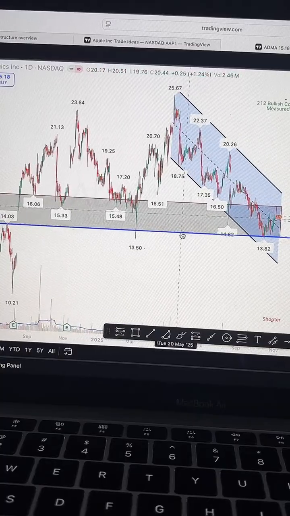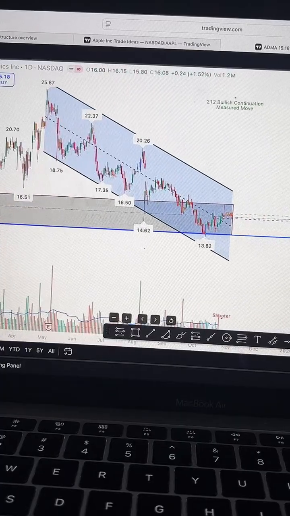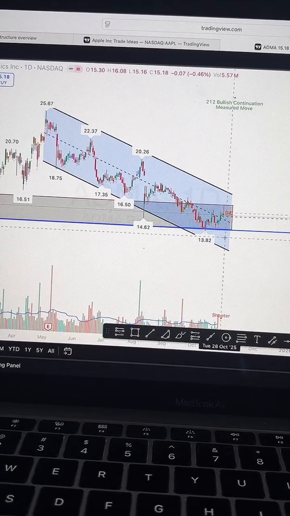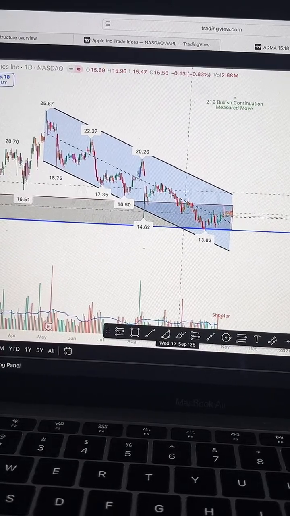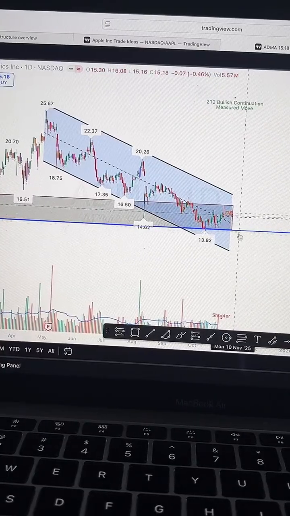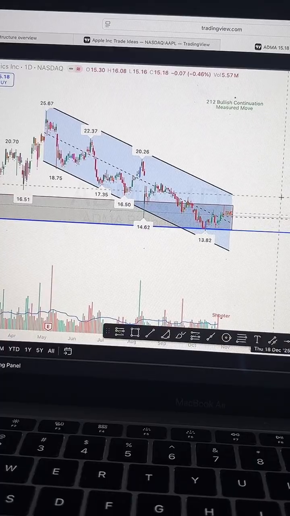But I have some support down here for some reason. I don't know why I drew this box, but we made it back down to that level. If you're into biotech, this is something not necessarily to trade, but I was looking to get in this stock long term, like actual shares.